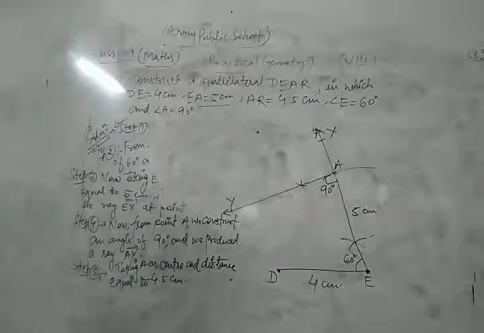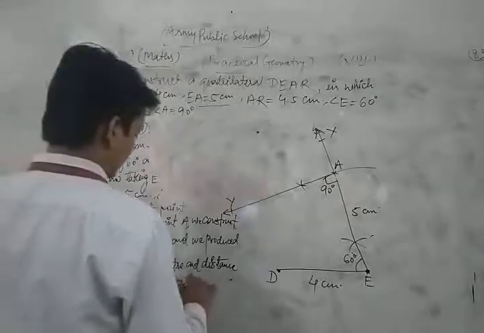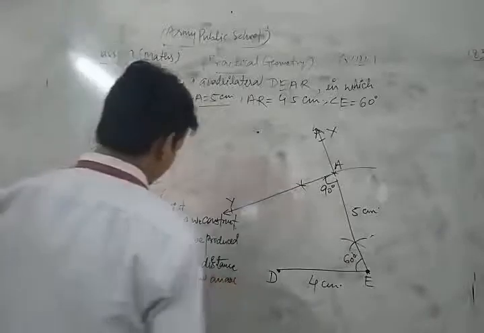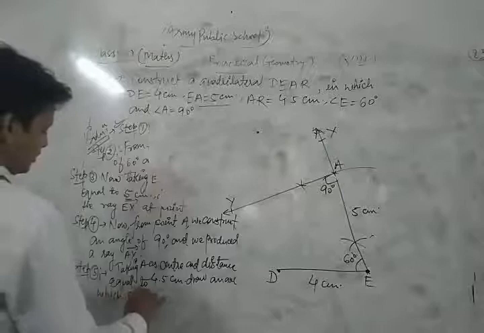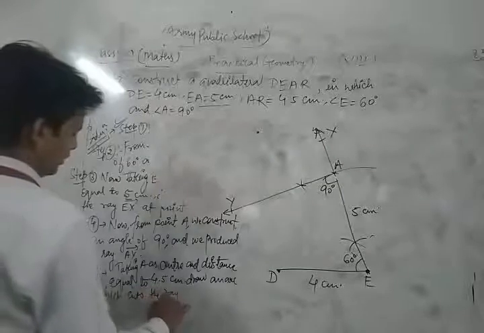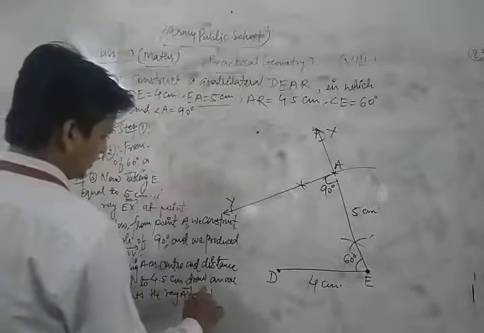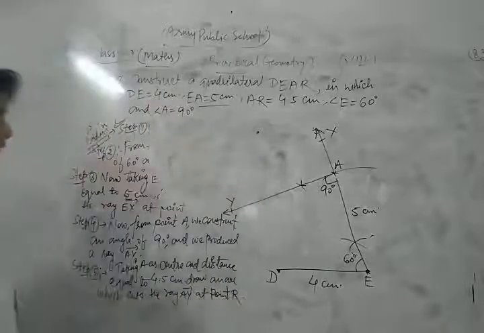Taking A as center and distance equal to 4.5 centimeter, draw an arc which cuts the ray AY at point R. Suppose that.